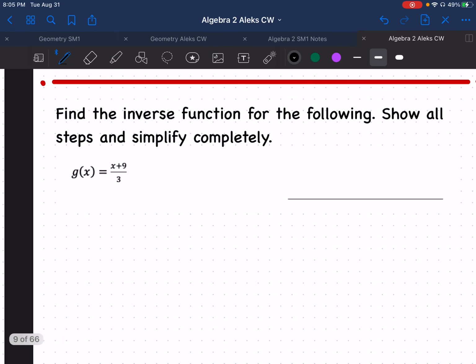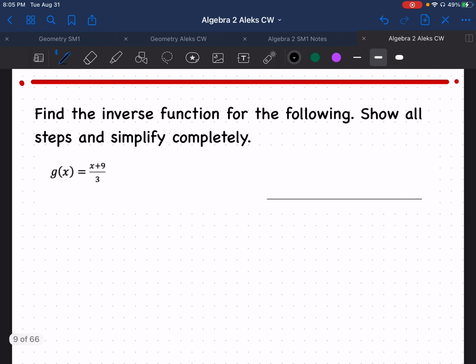All right, I think I have one last question for you. Yes, I do. This is the last question on the test, and it's going to ask you to find the inverse function for the following. You do need to make sure that you show all your steps and simplify completely. This is the one where we have to change g of x to y, and then we're going to switch our x and our y.